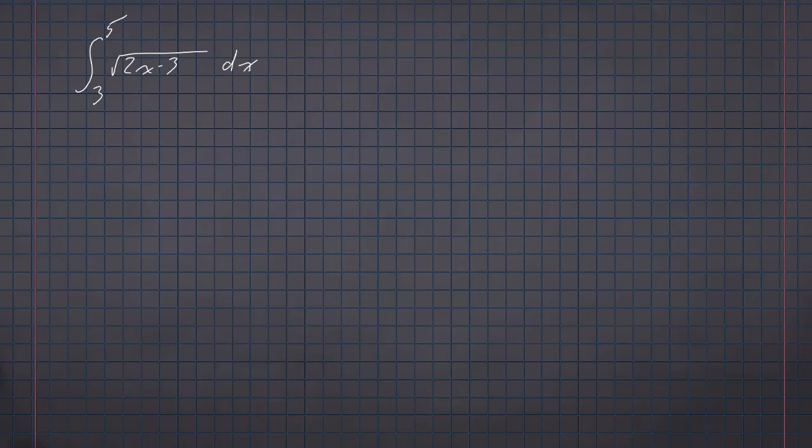And using these same ideas, I'm going to ignore the constants of integration for a little while and just think about what the indefinite integral of square root of 2x plus 3 would look like.